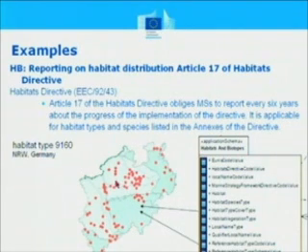And this is an example of North Rhine-Westphalia, Germany, where we present one habitat type from the Habitats Directive, 9160, in the area of North Rhine-Westphalia, and you see that you have even the biogeographical regions underneath.